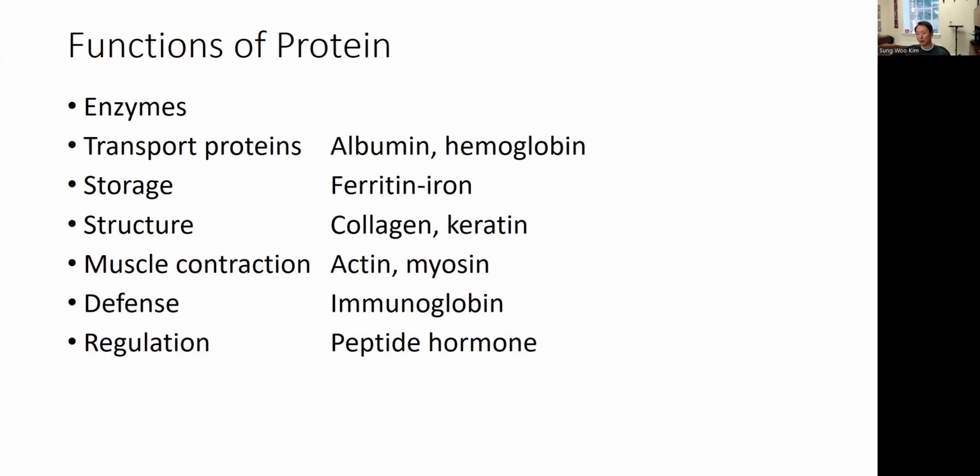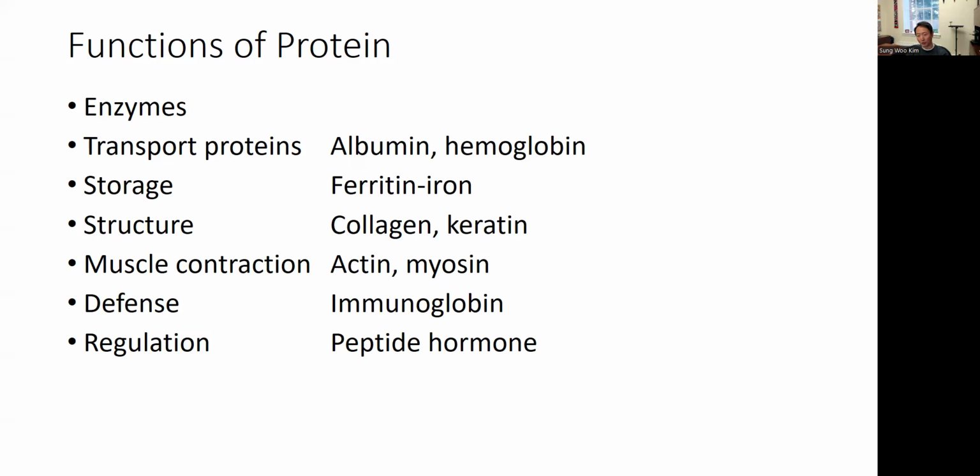There are different types of immunoglobulins, type G, type A, or even type M found in milk. Okay? And there are types of proteins that function in regulating body processes and metabolism, right, as hormones.